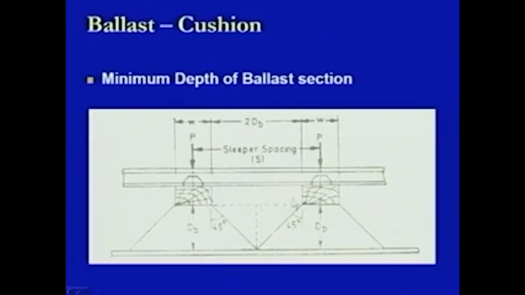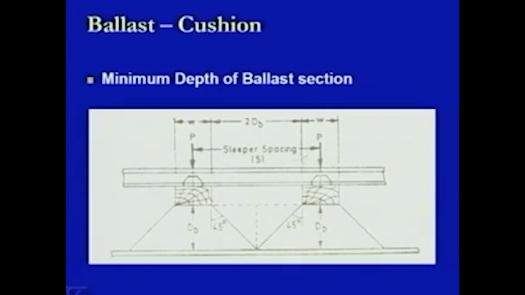This is the total distance at this level, and then we have the width of the sleeper as W on this side, and W on the other side. In this condition, this is 2 dB plus half of the W taken on this side, and half of the W taken on the other side.